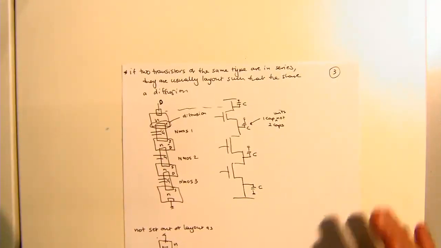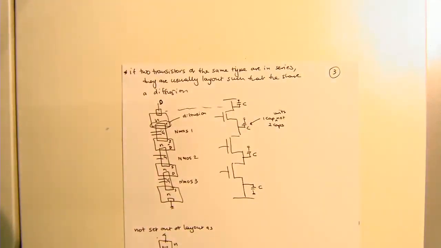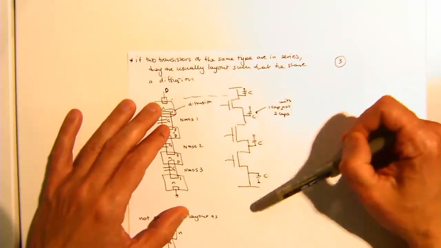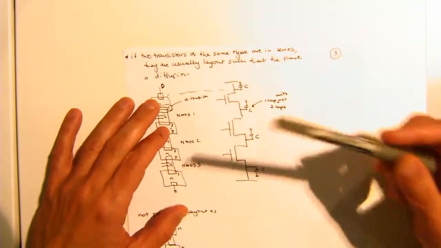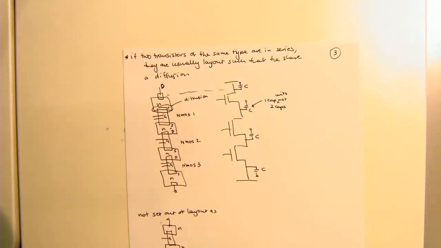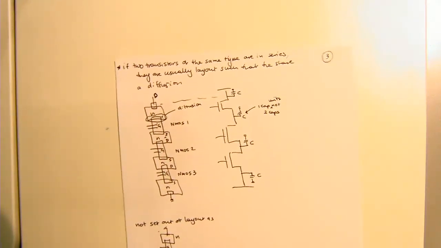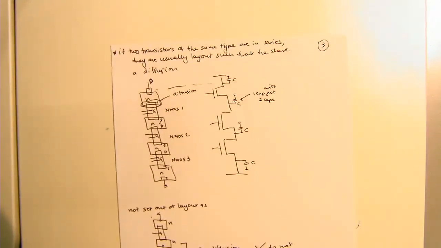Now, a lot of things that people get confused about is that if we've got transistors of the same type, and they're in series, can someone think of an example where you might have 3 transistors in series? A gate that has 3 transistors in series?